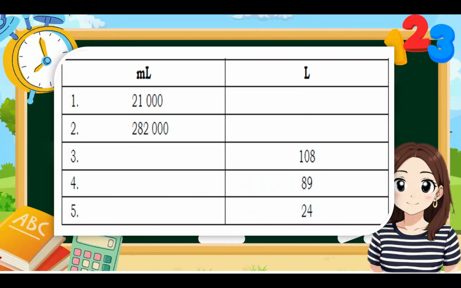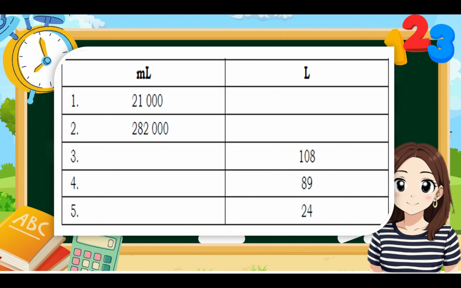Now for your activity, convert from milliliter to liter, that is from number 1 and number 2. So 21,000 milliliters converted to liter. Number 2, 282,000 milliliters converted to liters. We are converting from smaller to larger unit, divided by 1,000.